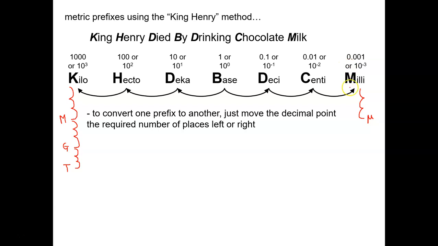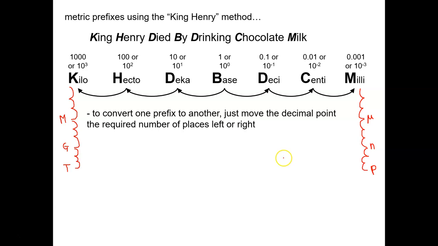We can't use M because M's already being used for milli. If we go 3 places smaller than micro, we get to nano. So nano would be 10 to the negative 9th, or 1 billionth. And then 3 places smaller than nano would be pico, which would be 10 to the negative 12th.